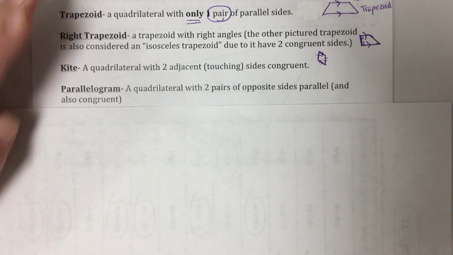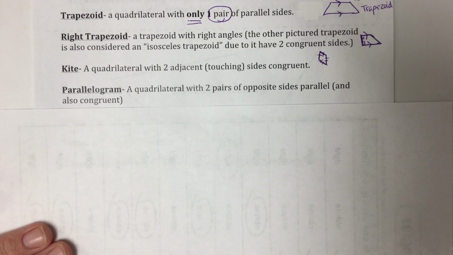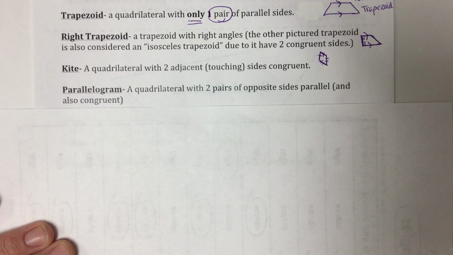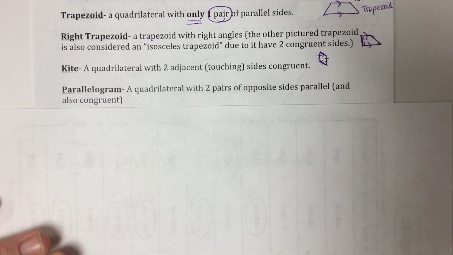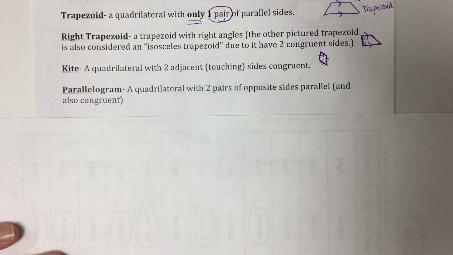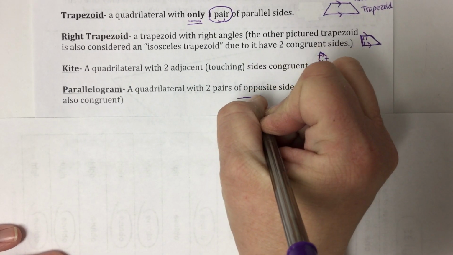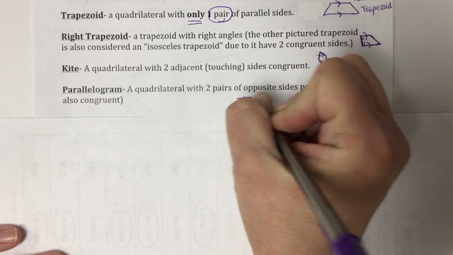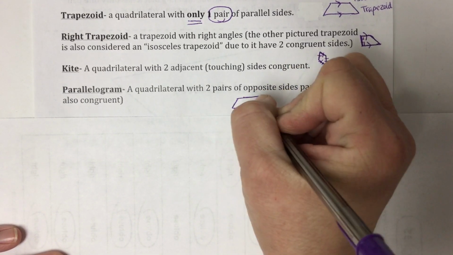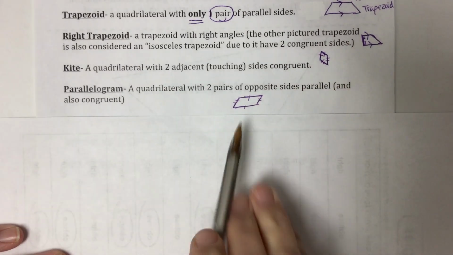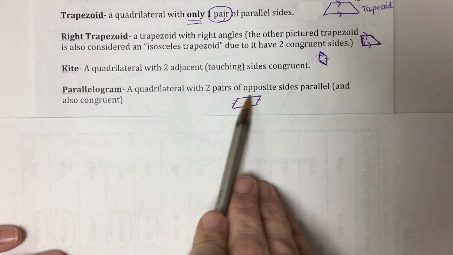Next is a parallelogram. A parallelogram is a quadrilateral with 2 pairs of opposite sides parallel and also congruent. It doesn't have right angles.